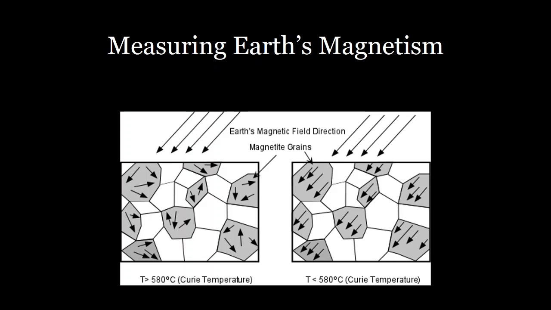And those mineral grains will align with the Earth's magnetic field. And then once that rock cools to below that Curie temperature, those minerals are set and they can't move around anymore. So they record the ancient magnetic field of the planet. And so we can use that in order to figure out what the magnetic field was millions of years ago.